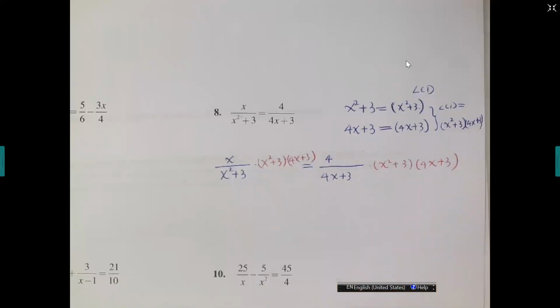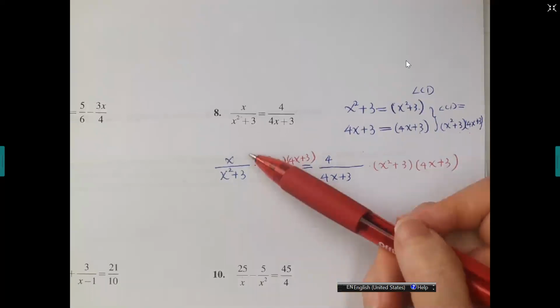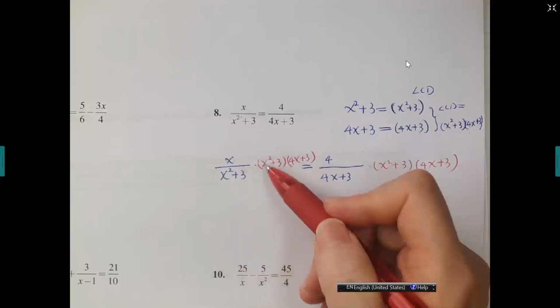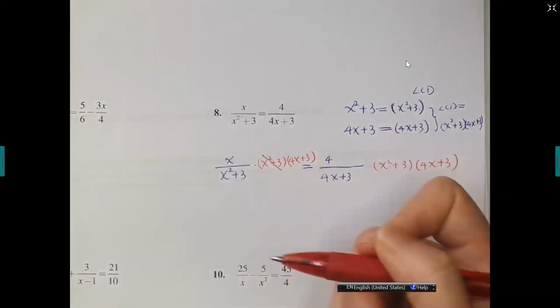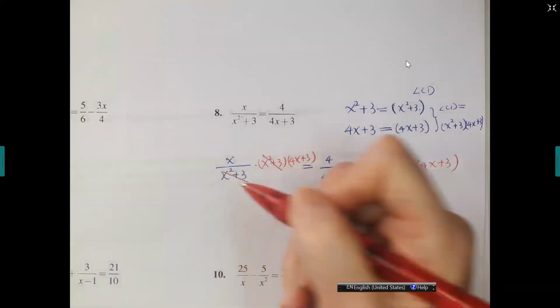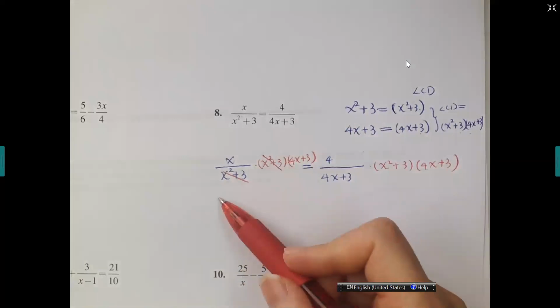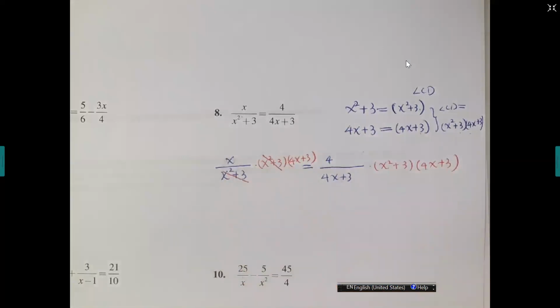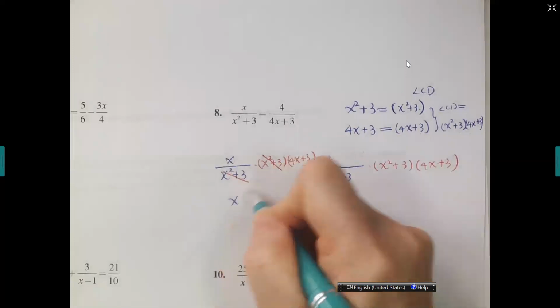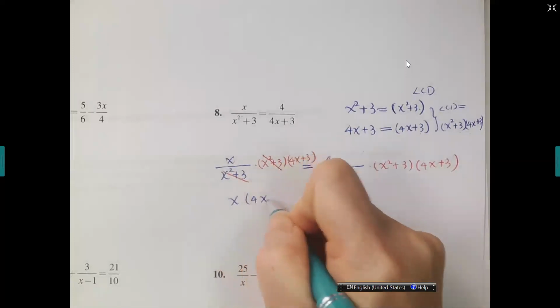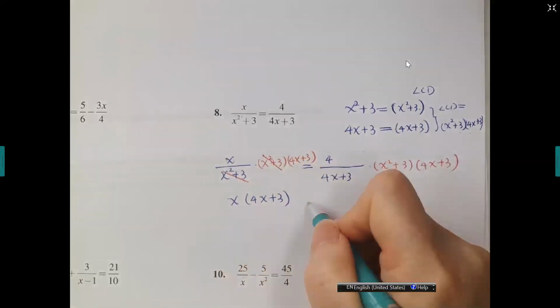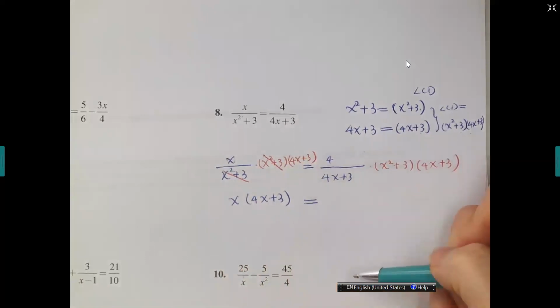And then what do we do? Carry out the multiplication. How? Do the cancellation. I see x squared plus 3 on the top, I see x squared plus 3 on the bottom. Those two cancel out. What is left? I have x times 4x plus 3 equals, and do the same thing on the right.